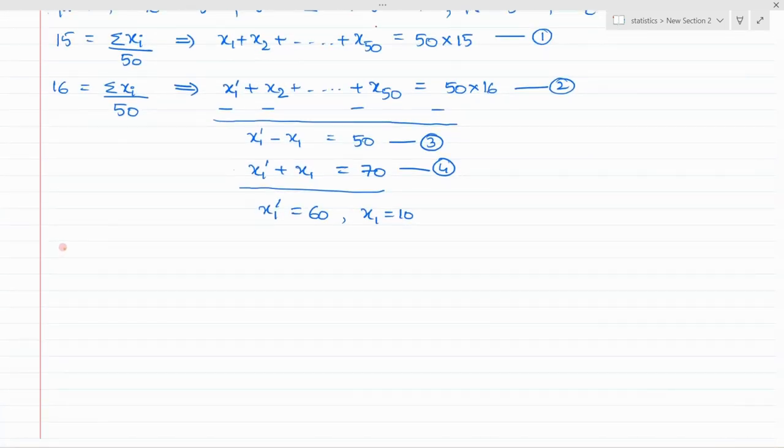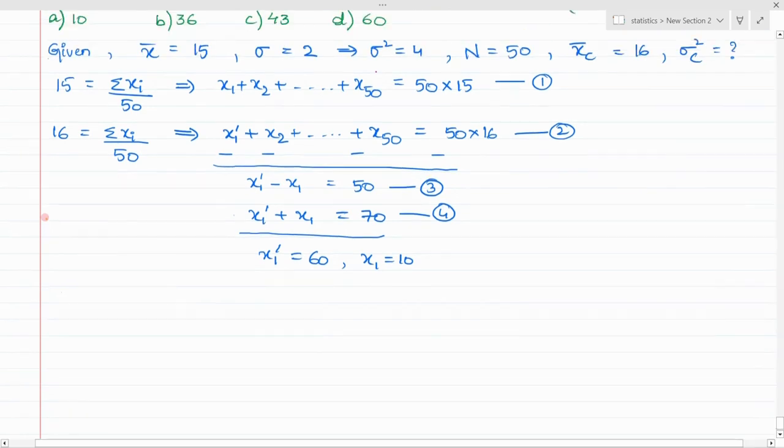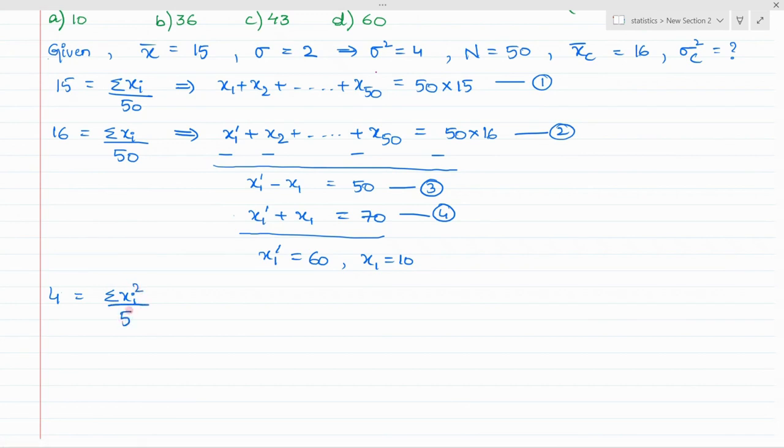So according to the variance formula, before, the variance is 4. So 4 is equal to sigma xi square upon total number of observations, 50, minus its old mean, that is 15 square. From here we can write 4 plus 225, into 50, is equal to x1 square, x2 square, so on till x50 square.